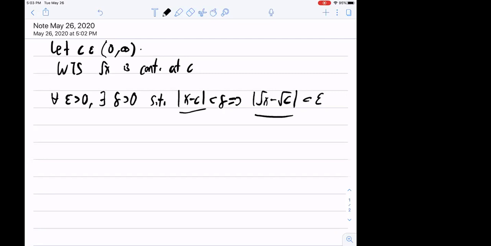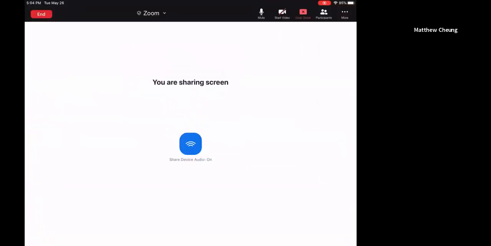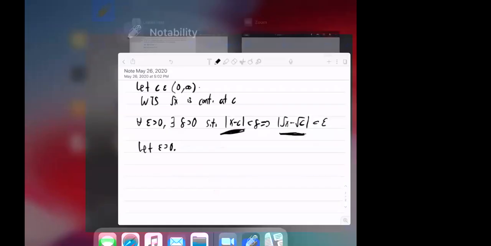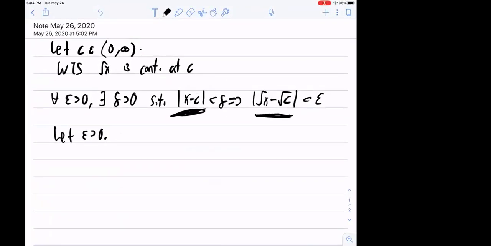Let epsilon be bigger than 0. The point is you choose delta, so you have control over this. The point is that you want to make this small, provided you can make this small. So does anyone see a way? How do I relate root x minus root c to x minus c?